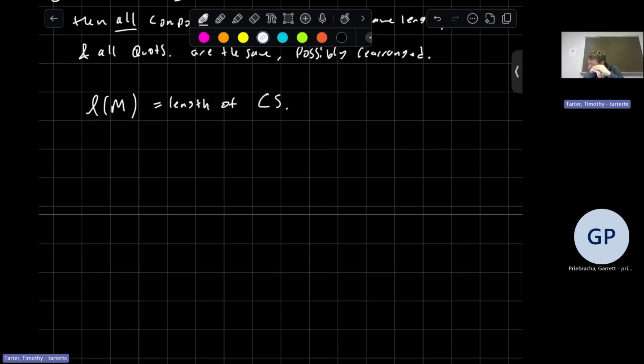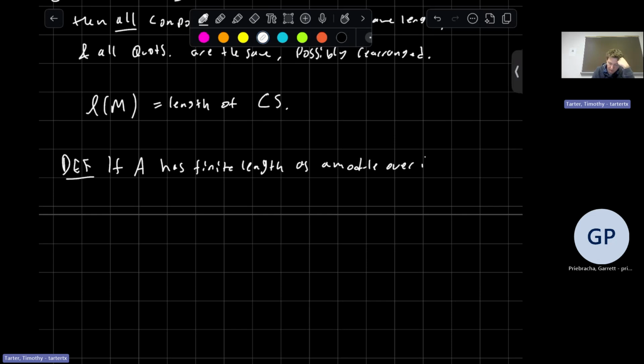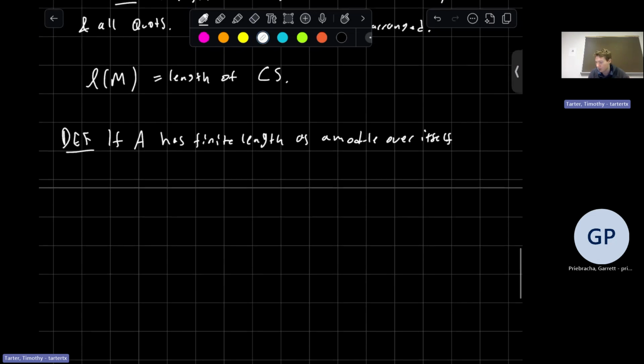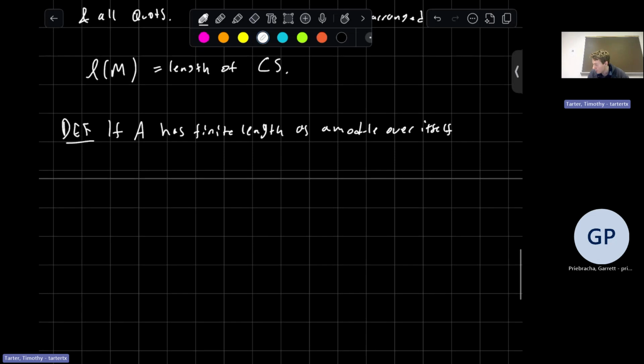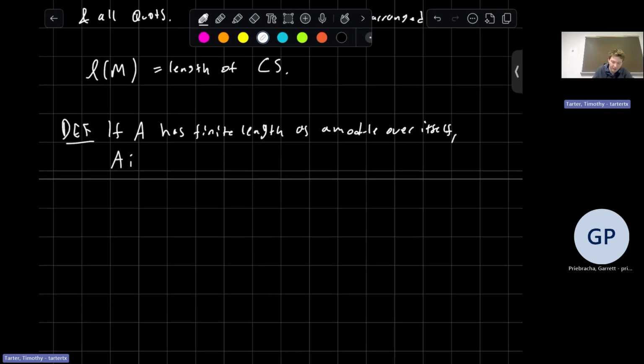As a definition, we say that if a ring A has finite length as a module over itself, meaning that it's a module of one dimension, so it's really just treating it like A, but you're looking more at the scalar multiplication and abelian addition property, then A is an Artinian ring.